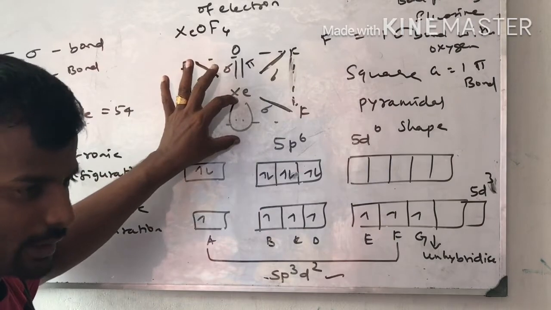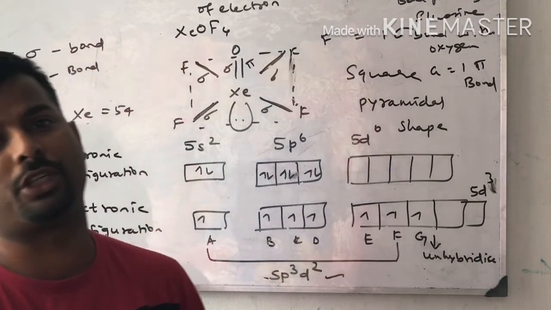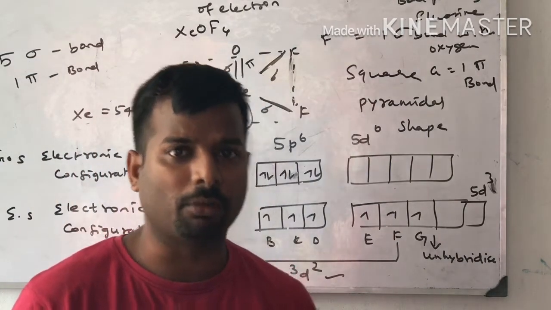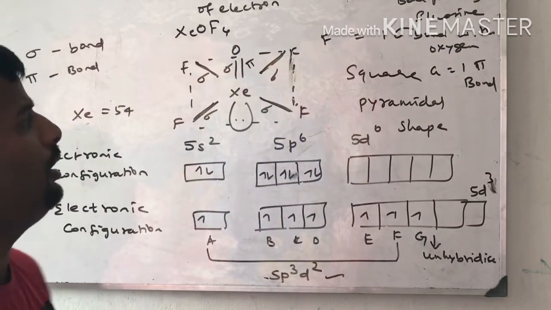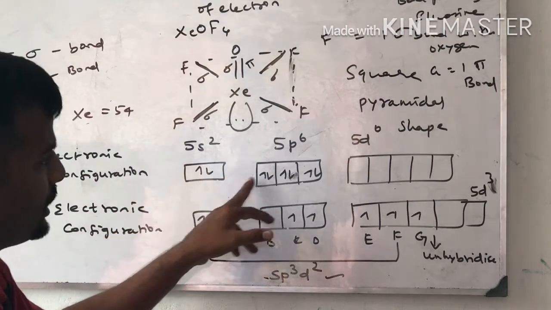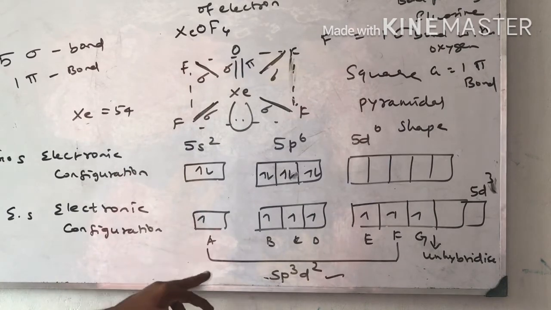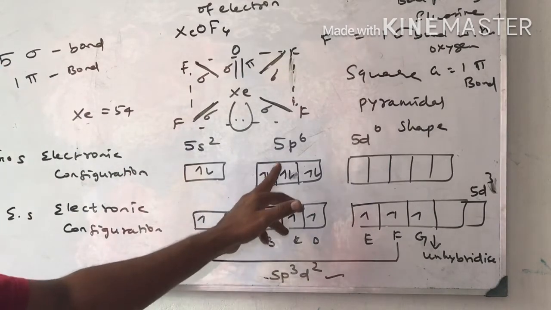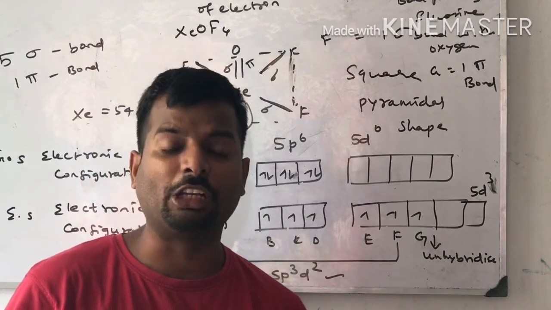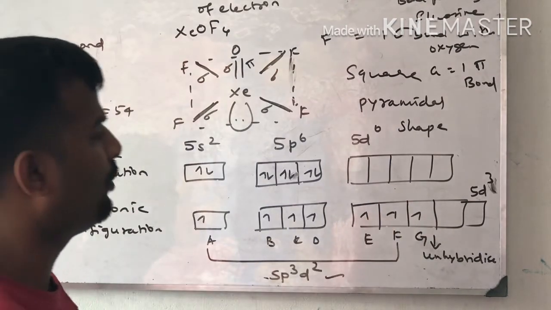The lone pair is at the center. Bond pairs are adjusted at the equatorial positions or corners. So the lone pair bond pair repulsion is minimum. So this molecule is also stable. This molecule's ground state electronic configuration is 5s2, 5p6, 5d0. And in the excited state, 3 electrons from the 5p orbital are shifted to the 5d orbital because of the hindrance of the incoming oxygen atom. So these 3 electrons are shifted to 5d3.